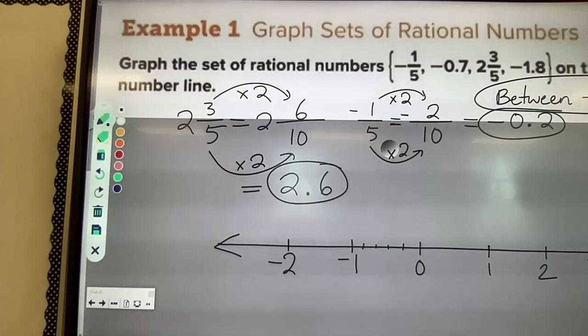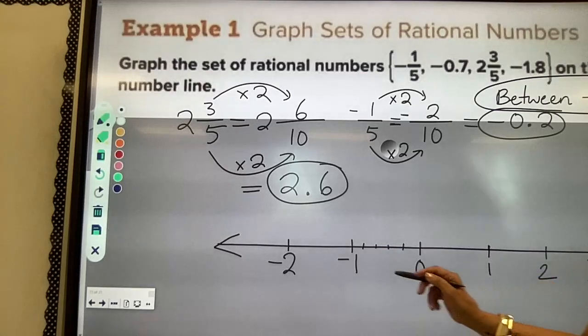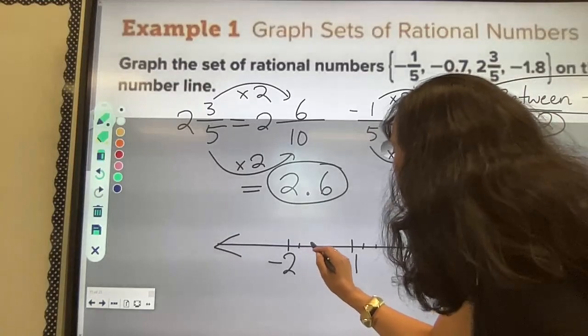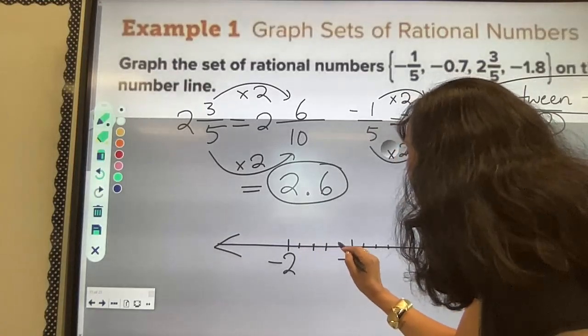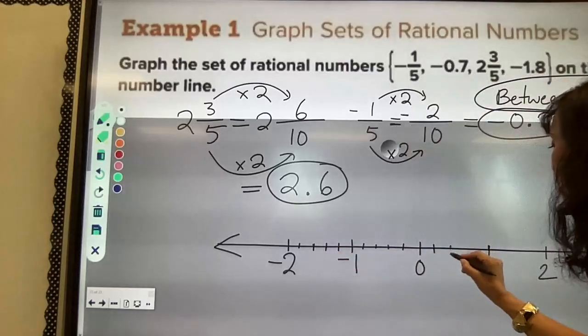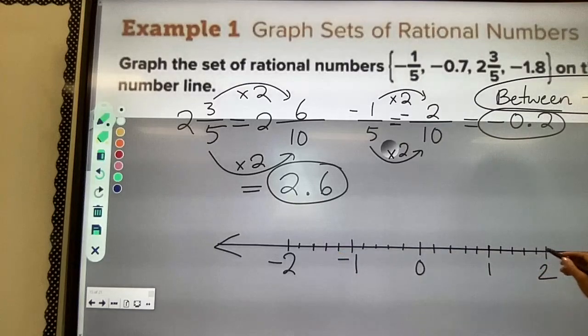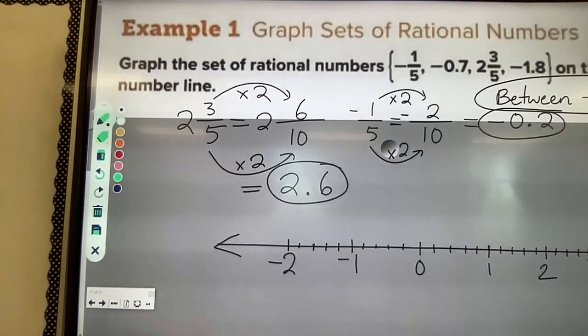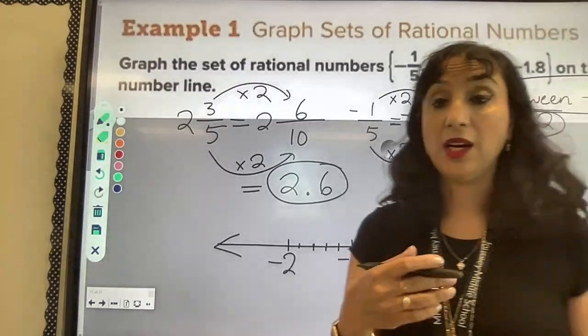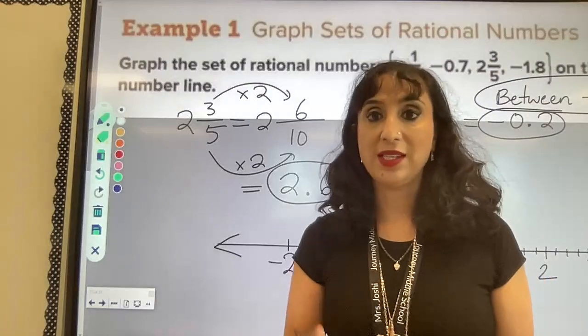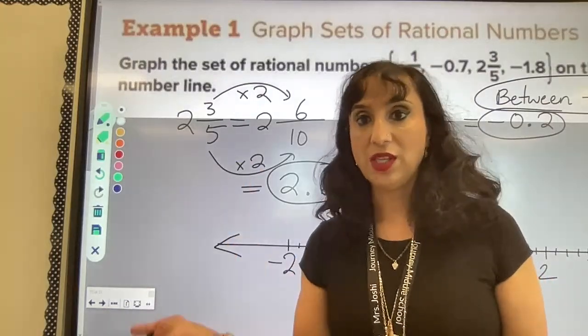So if I put all of them into 5 sections, 1, 2, 3, 4, 5, each is like 2/10, 4/10, 6/10, 8/10, and of course, 1 whole.